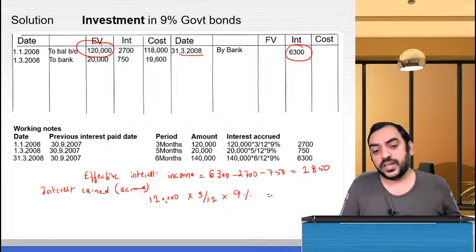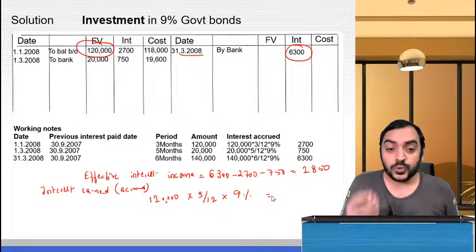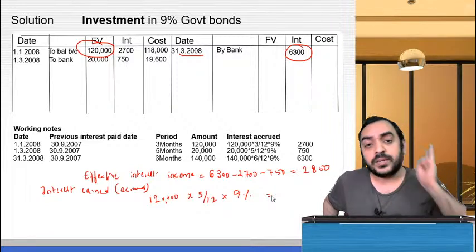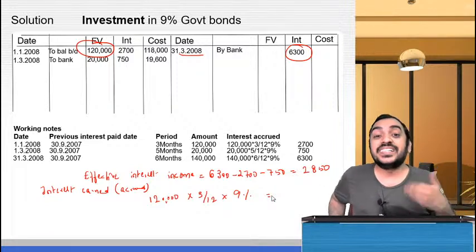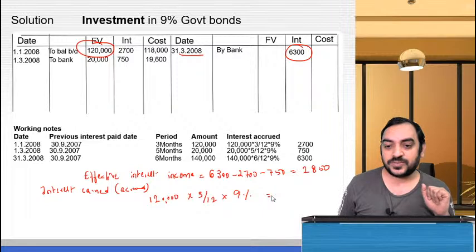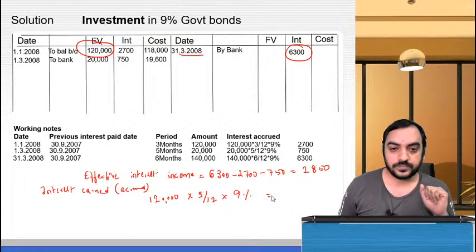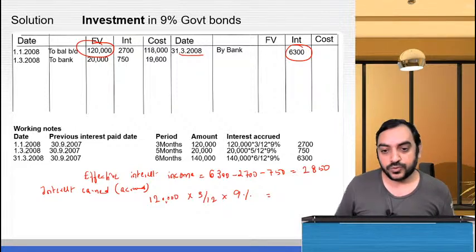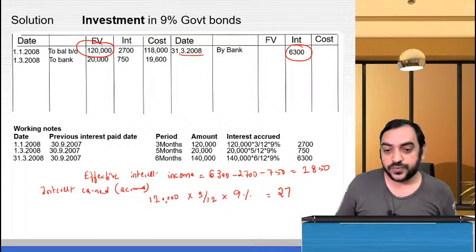Can you tell me how much you get? 1,20,000 into 3 by 12 into 9%. Jan to March you are holder. So 3 months interest you have accrued, you have earned by holding the assets. 2,700, right? This is from opening balance.